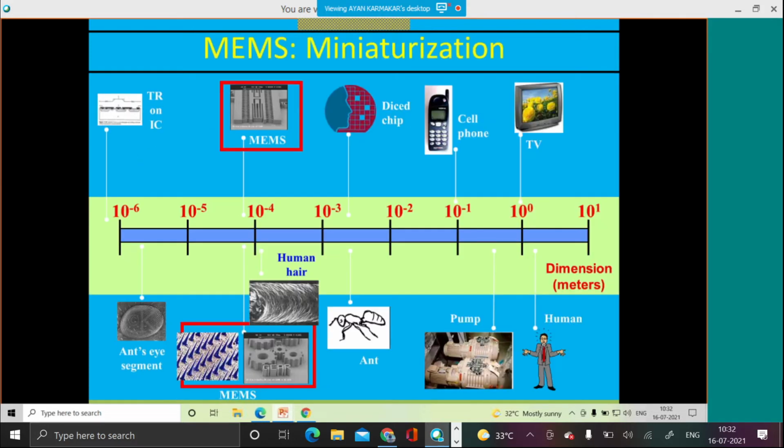So there is one slide I have intentionally put to make a comparison, showing how this miniaturization can happen with silicon technology and micromachining technology, and how we can achieve different sizes, scales and dimensions. So this figure shows how MEMS, or micro electromechanical systems, can give a flavor of this miniaturization.